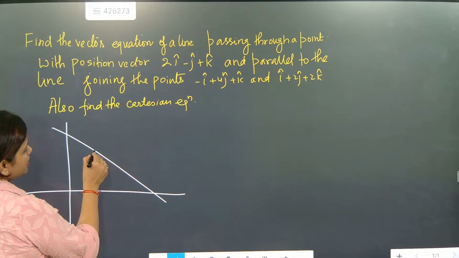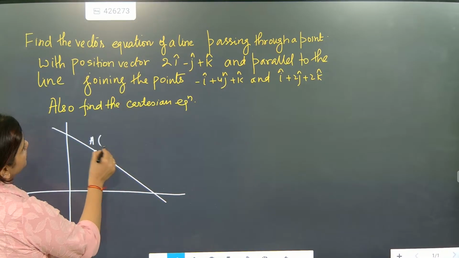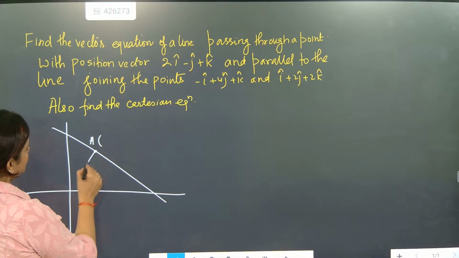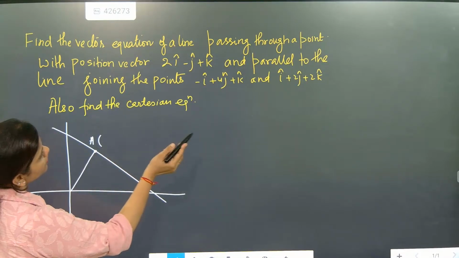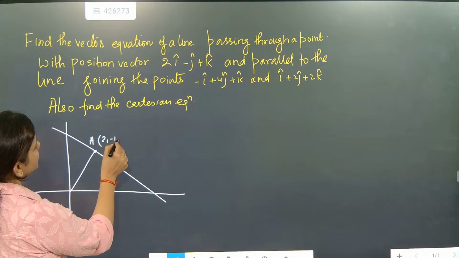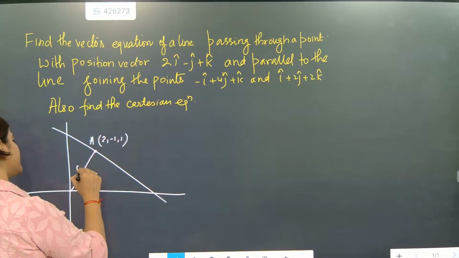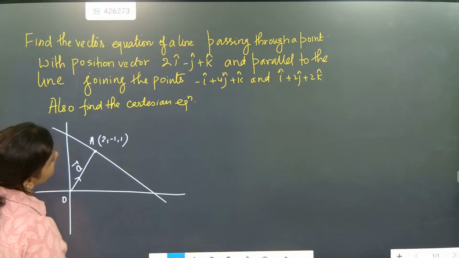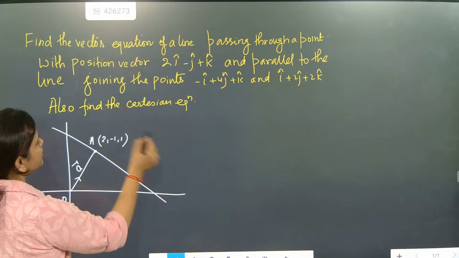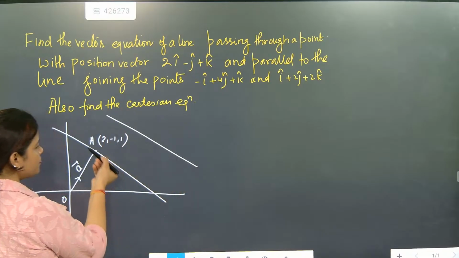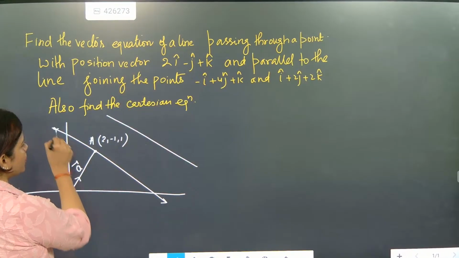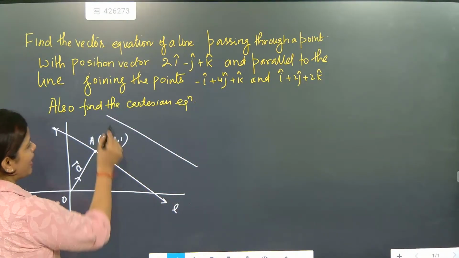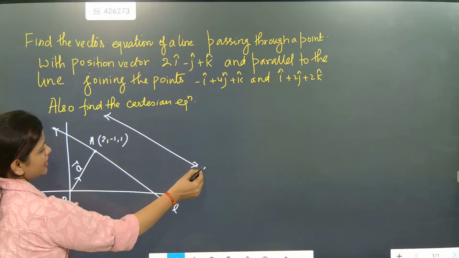Now this line is passing through a point A, and what is given for this point is 2, minus 1, 1, and that is taken as the A vector with O. Now, and parallel to the line joining the points. This line, whose equation you are going to find, is parallel to another line L1.